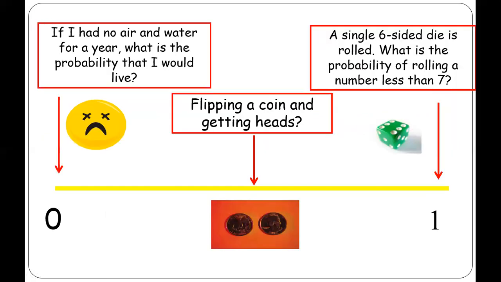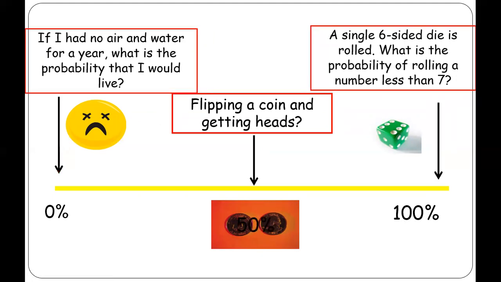Now, let's see here. We will use the probability scale. If I had no air and water for a year, what is the probability that I would live? Of course, it is 0, or impossible, or 0%. Next, flipping a coin and getting heads.